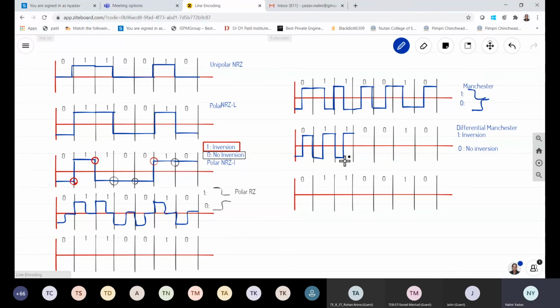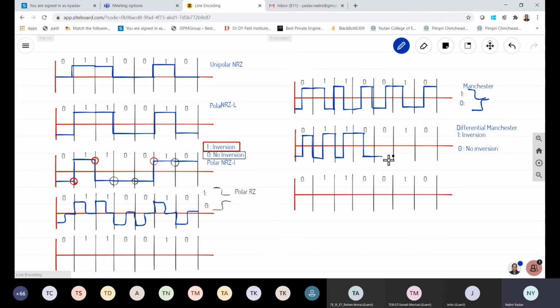Correct? Now for the 0, what is for the 0? For 0, there is no inversion. Remember, for 0, there is no inversion. So what I will do, I will continue. But again, it is NRZ, polar RZ also. So in between, I have to cross the axis and then complete the signal. Again, there is a 0. So what is 0? Continue, no inversion.